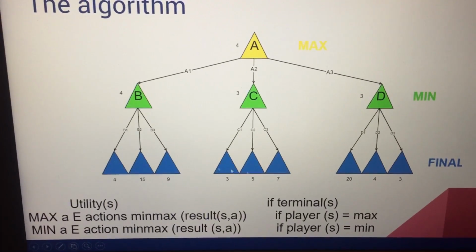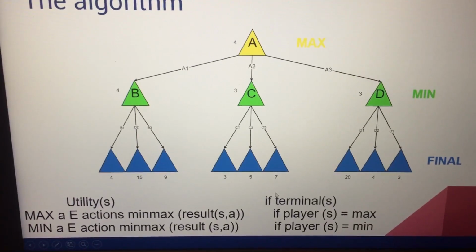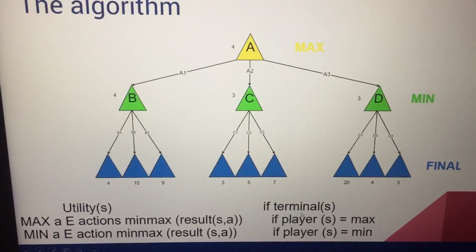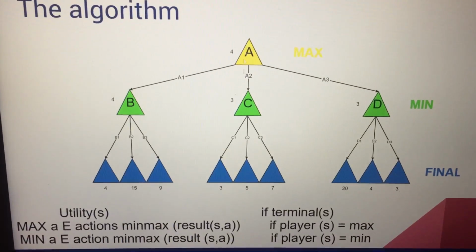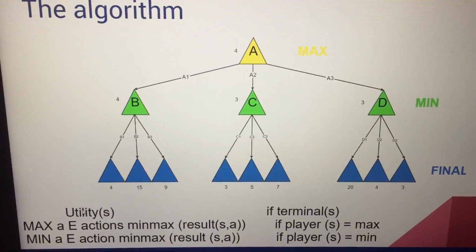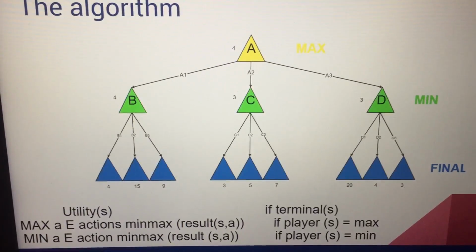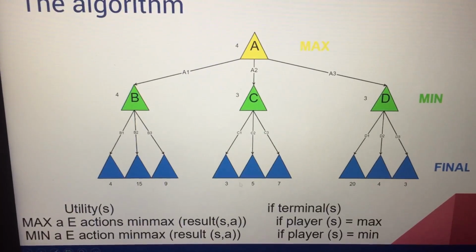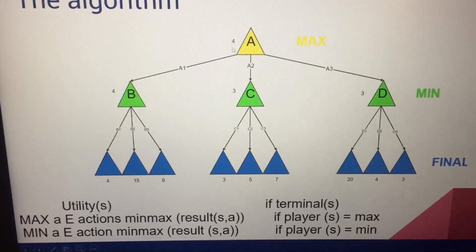How do I pass this to the code? Well, I use these three little lines here, which represent what to do if you're in a certain state. So, if the state is a terminal state, we return the utility. If the state is played by max, we want to return the max value of all possible moves during this state.